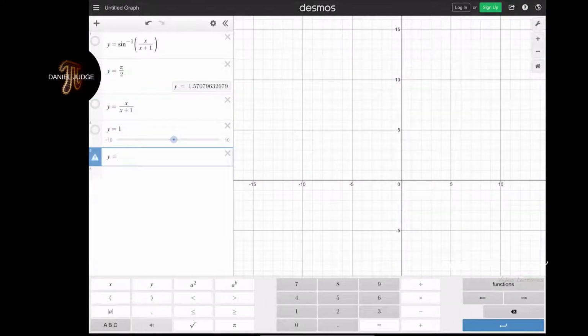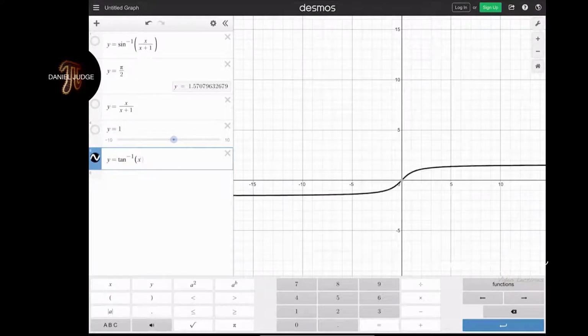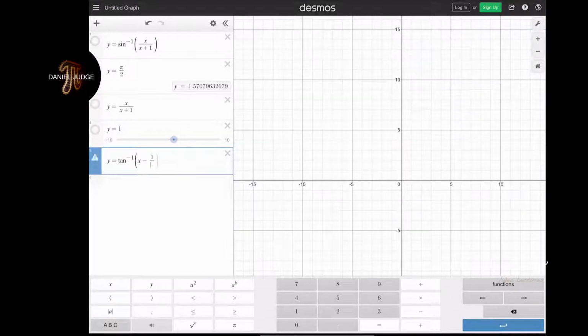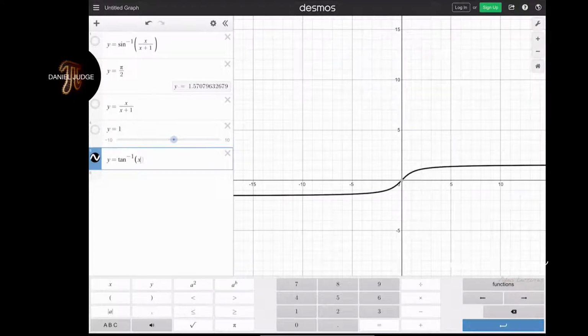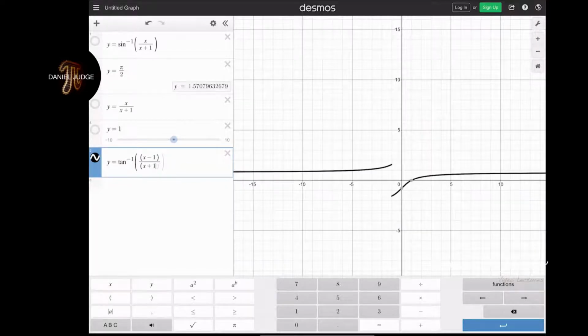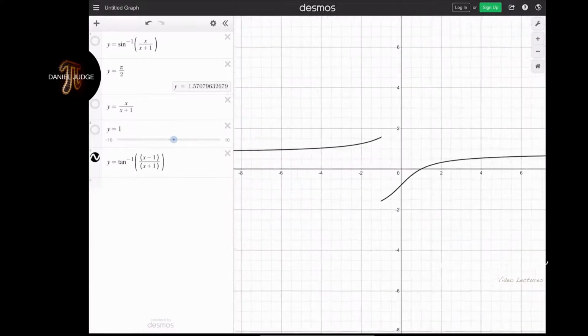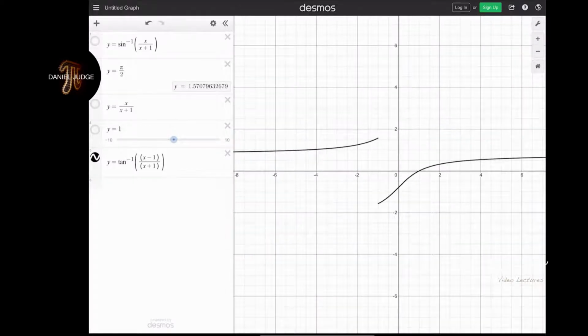You have y equals inverse tangent of x minus 1 over x plus 1, with parentheses. And take a look at what's going on here around negative 1.